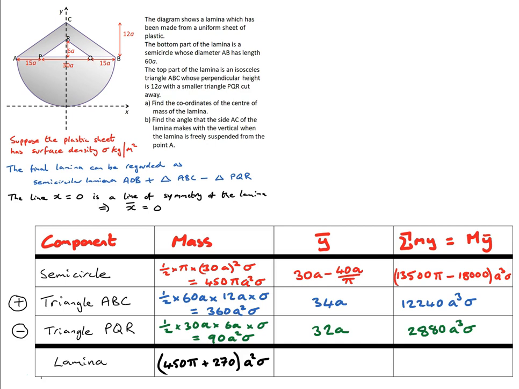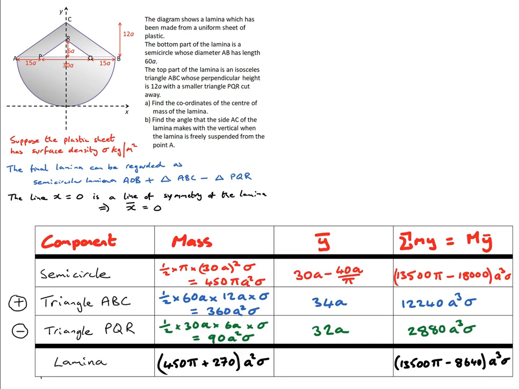If I'm looking at the sum of the my's, the sum of my for the laminar is going to be the sum of my for the semicircle plus the sum of my for triangle ABC, but then take away the sum of my for the triangle PQR.